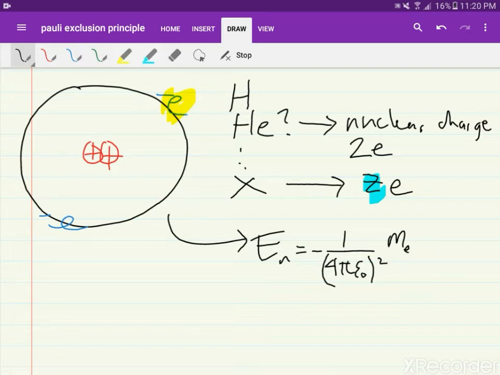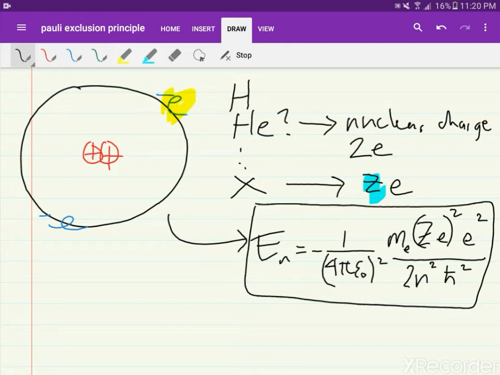So the mass of the electron times Z e squared times the charge of our electron, e squared, over 2 n squared h bar squared. So what is new here is that adding a charge on the nucleus adds a Z term in our energy levels.